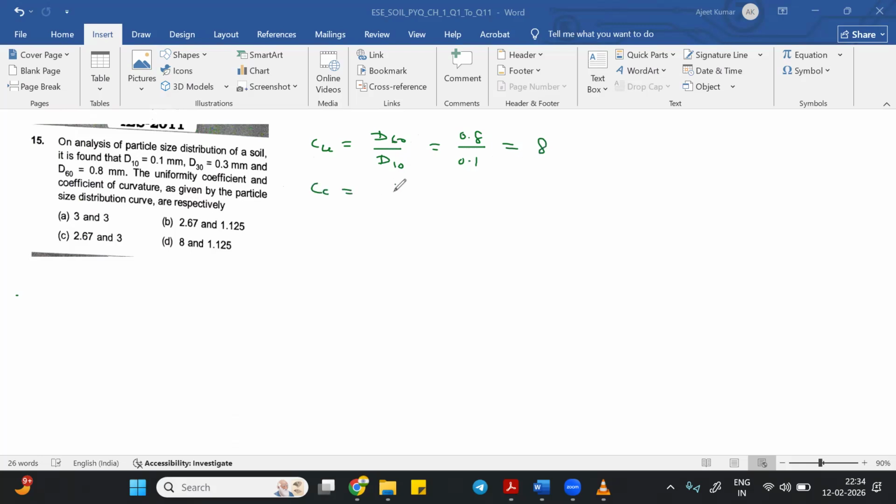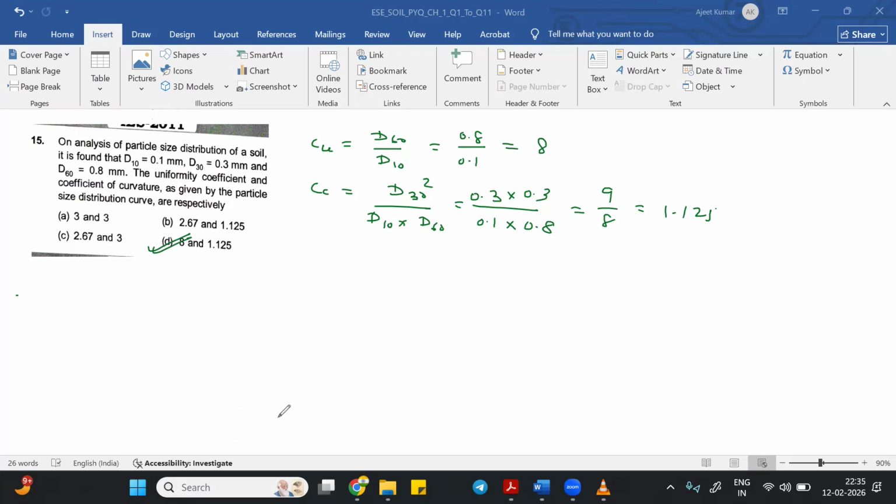And Cc is D30 squared divided by D10 into D60, so 0.3 times 0.3 divided by 0.1 times 0.8, that is 9 by 8, which is 1.125. So option D will be the correct answer.